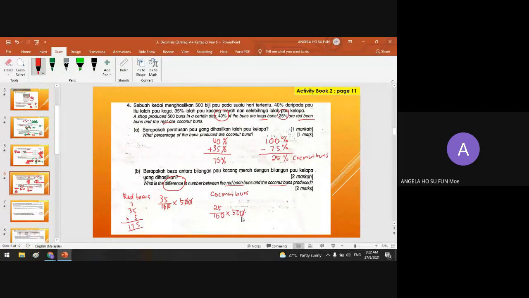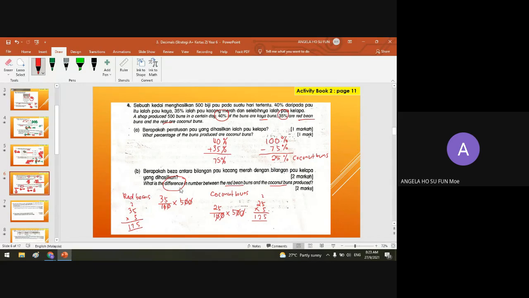One more time, I cut 20 with 20. Now is 25 multiplied by 5. 5 times 5 is 25 again. 5 times 2 is 10, plus 2 is 12. So the shop produced 125 coconut buns. Produce 175 red bean buns.